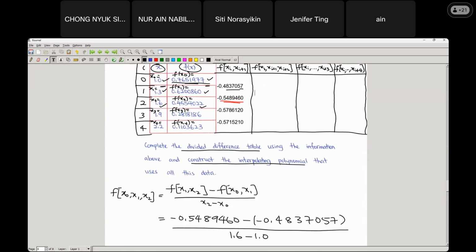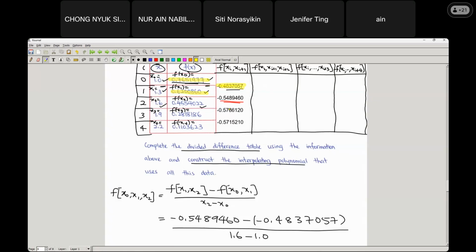So how are you going to write this value? First, let me show you how we write this value. In order for you to write this value, let me highlight. We write this value in between these two.